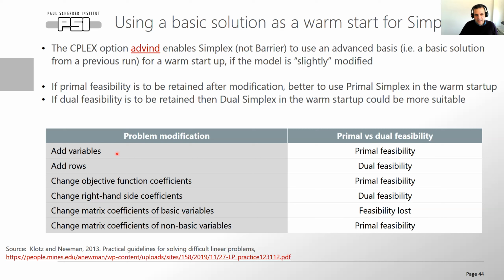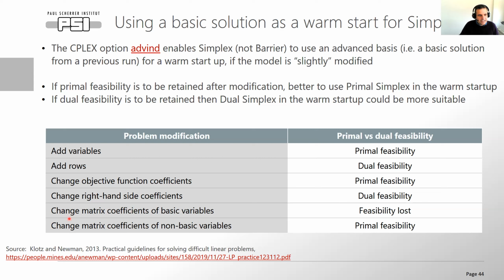So for example, if we add variables, we retain primal feasibility. In that case, using primal Simplex with an advanced basis will work. If we add rows, we retain dual feasibility. In that case, if we add constraints, using dual Simplex with an advanced basis maybe works well, and so on.